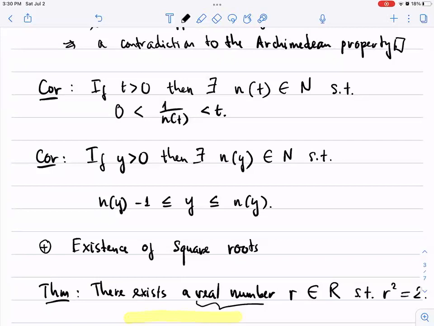That is, for any number t bigger than 0, we can always find a reciprocal of a natural number which is in between 0 and t.